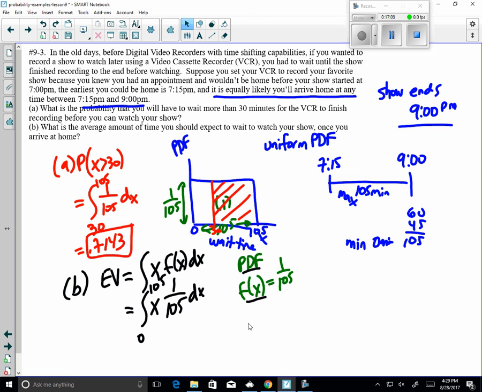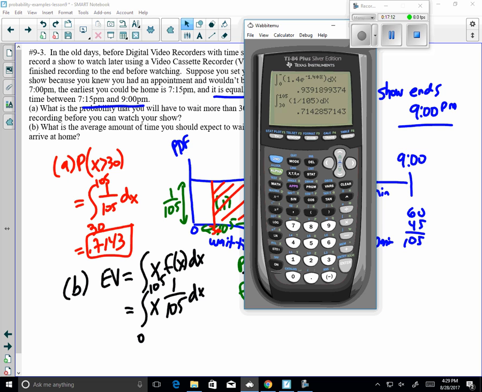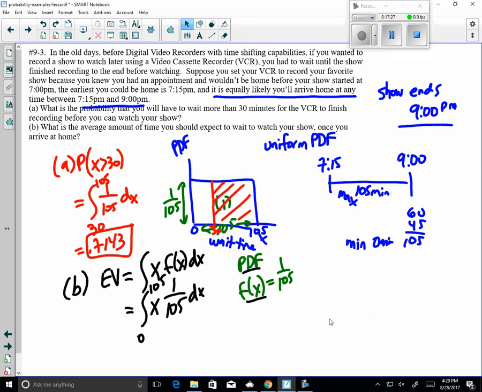All right, so if I plug that in a calculator, and we'll use integral features again from 0 to 105, if we have the x times the probability density function 1 over 105 dx, that turns out to be 52.5 minutes.